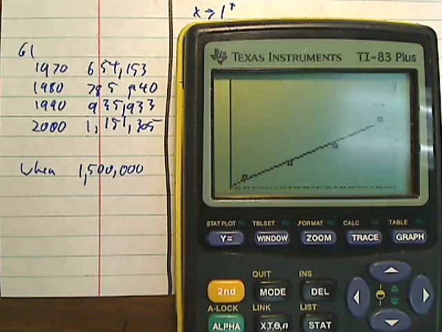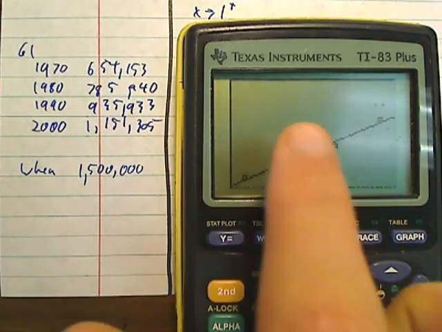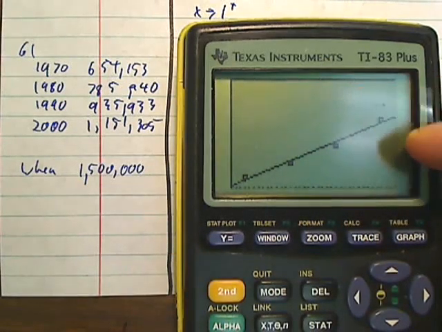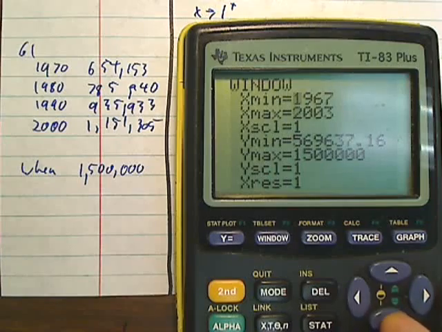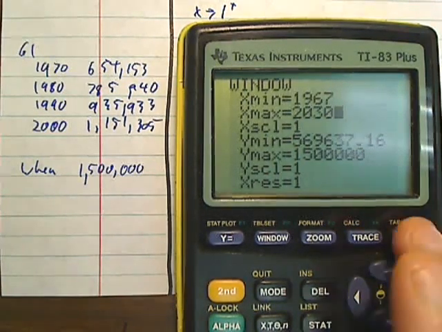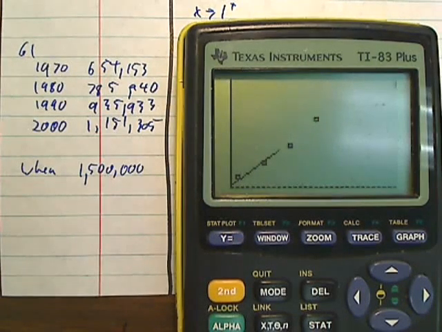Okay, there's the line at the top of the screen. That's the line I want to get up to. So let's adjust the x maximum to get over a little bit further, up to 2030. Okay, there's the logarithm, there's the line, and that's where they intersect.